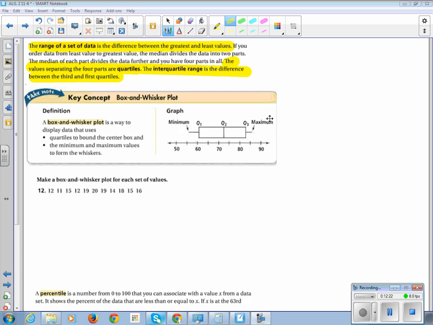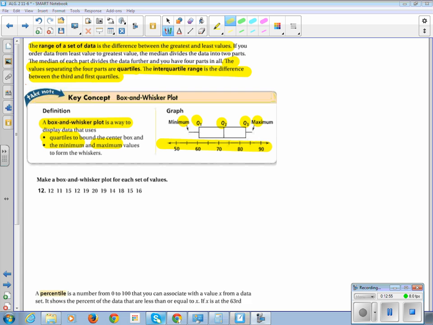Without the number line and accurate reading, you can't tell how close or far apart your data values are by the box and whisker. So a box and whisker plot is a way to display data. It's got the quartiles and the minimum and maximum values. It also has a number line at the bottom.